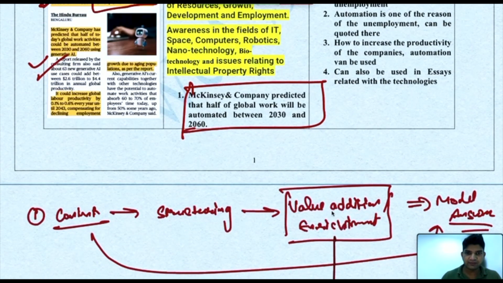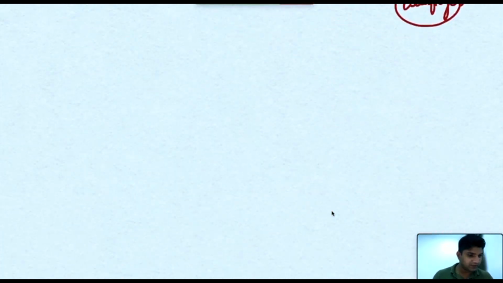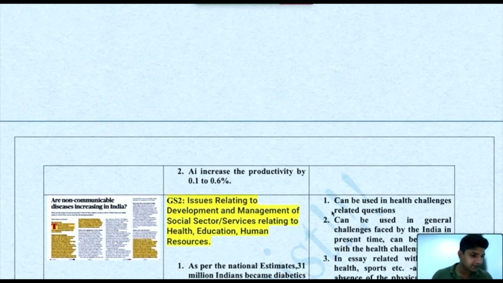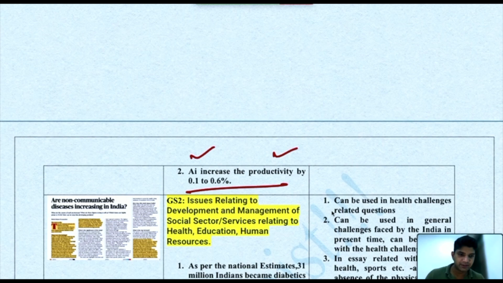Second important fact from it was about productivity. AI, artificial intelligence, leads to an increase in productivity. So in cases where the examiner asks you for suggestions to increase the productivity of labor or a company, how we can increase production, suppose we are competing with China, there we give one suggestion that productivity of our industries needs to increase.